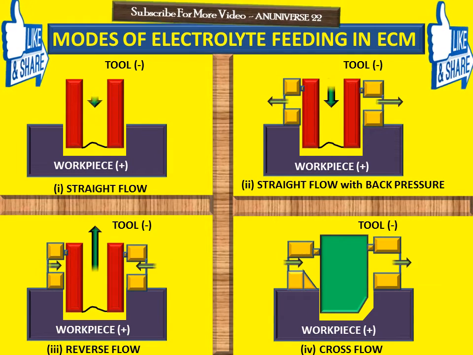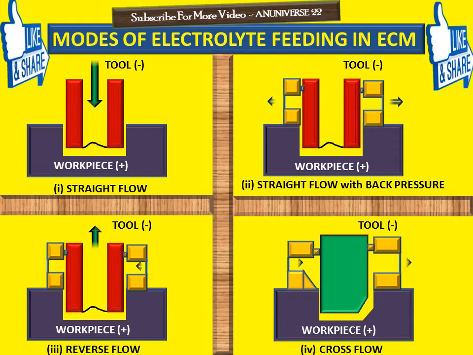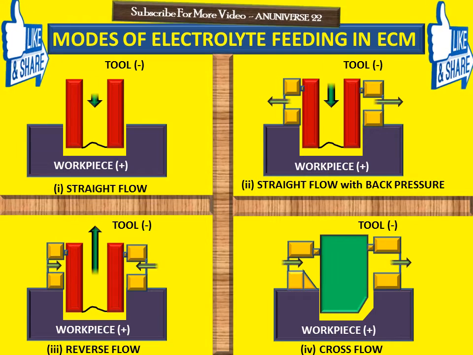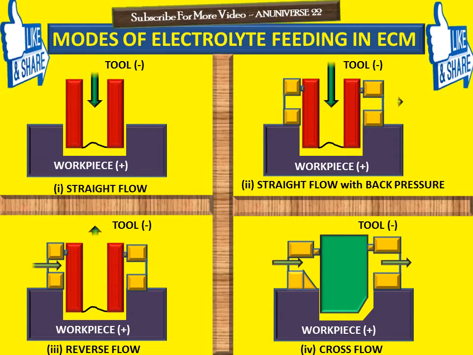Depending on the tool shape and type of machining operation, the method we follow varies, and the choice of electrolyte supply method depends upon the part geometry, machining method, required accuracy, and surface finish.